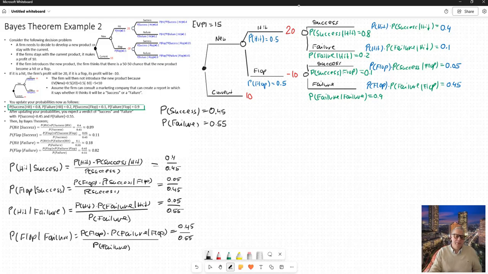Okay, so now if we calculate those probabilities, I have it here. Probability of hit given success, that increases your probability to roughly 89%. When they come back and tell you they think it will be a success, you now think the probability that your new product will be a flop is now only 11%.